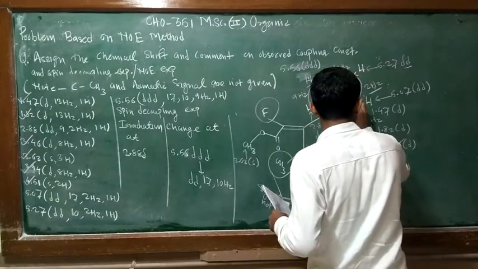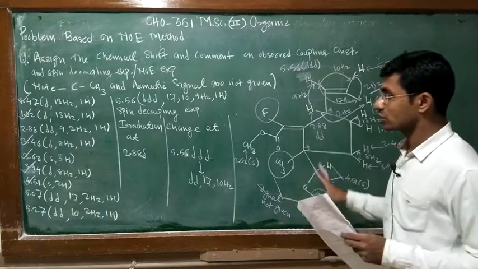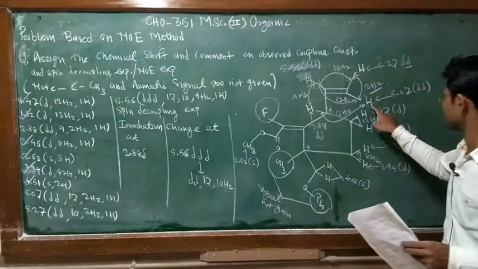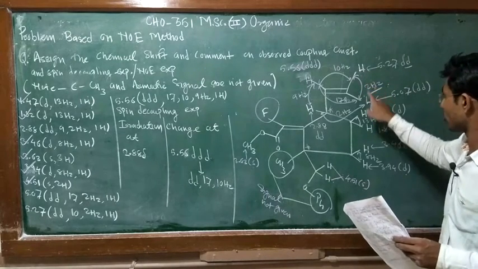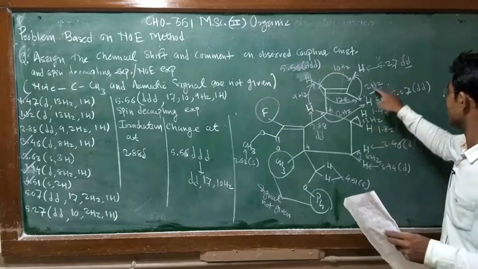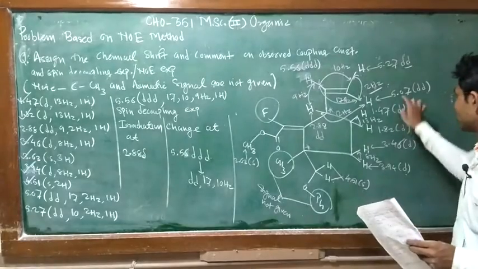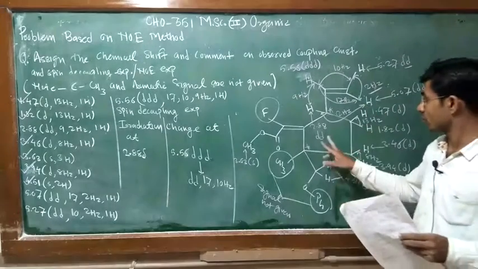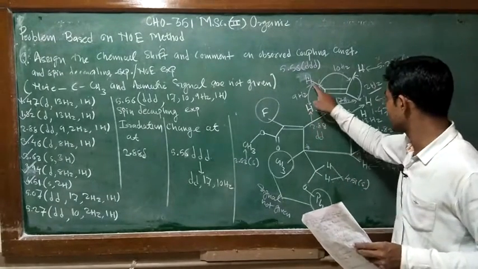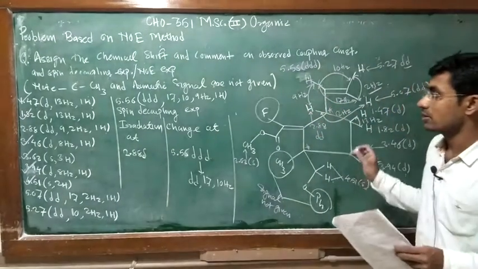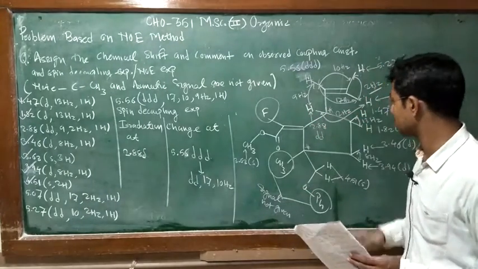This coupling is also considered here, and because of that this proton shows the signal 2.88. Actually, this proton is a doublet of doublet with geminal coupling of 2 Hz given with this proton, not with this, and also the trans coupling for this proton. But here the signal for this proton is given like this: 2.88 doublet of doublet means it couples with this and also with this, meaning on the same side and also on the opposite side. These two couplings are given here.